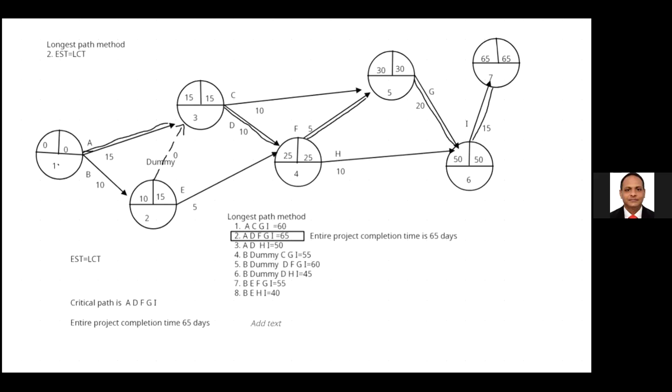You can say the rest of all the activities are non-critical: B is non-critical, the dummy is also non-critical, then C is non-critical, and H is non-critical. These are the non-critical activities.